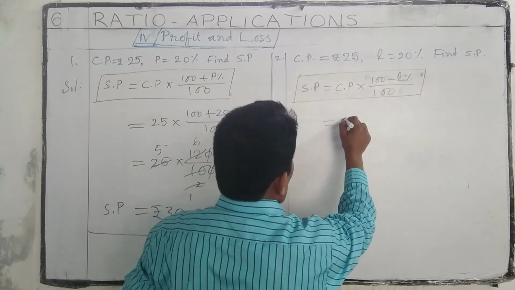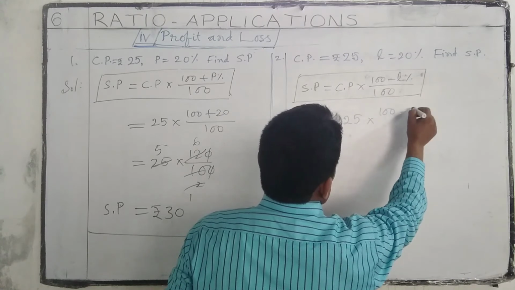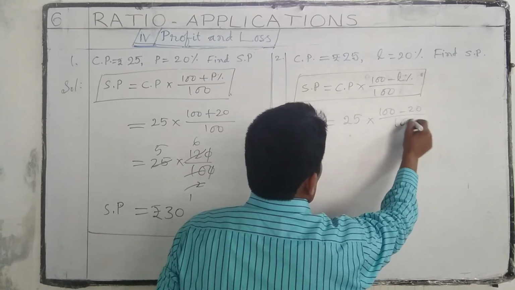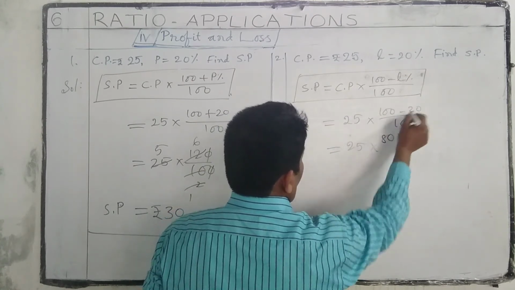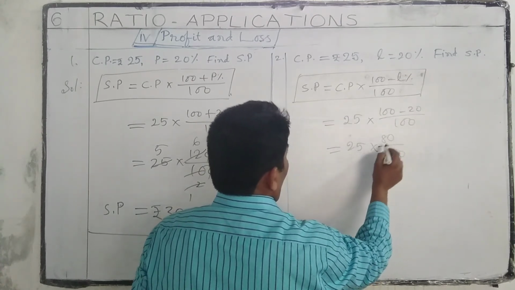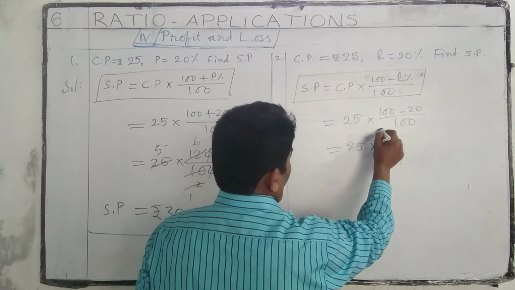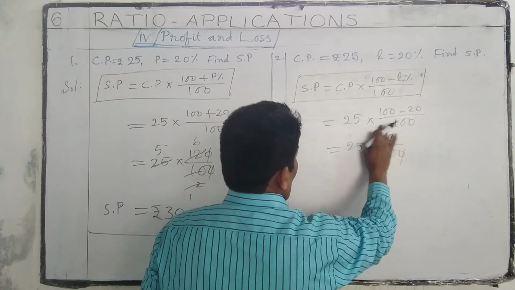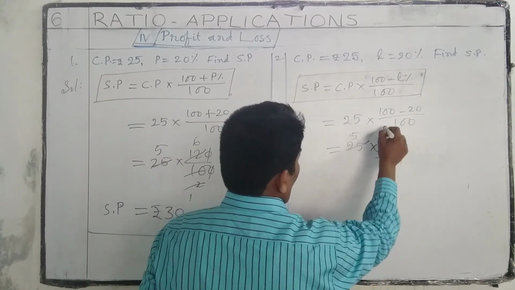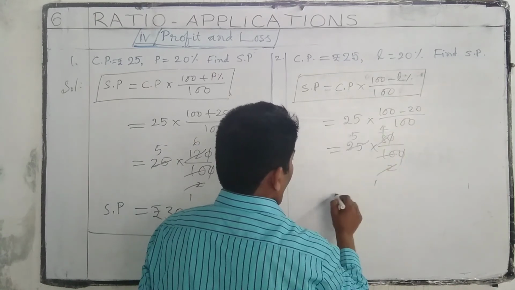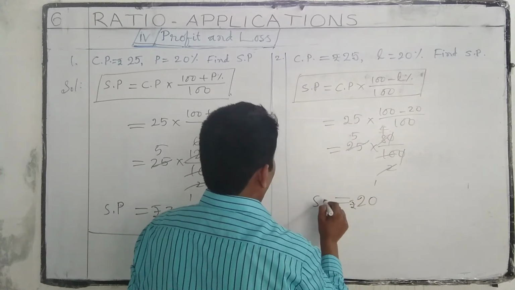Cost price 25 rupees, 100 minus 20, 80 by 100. 0 0 gets cancelled. 5 4s are 20. 20 rupees selling price.